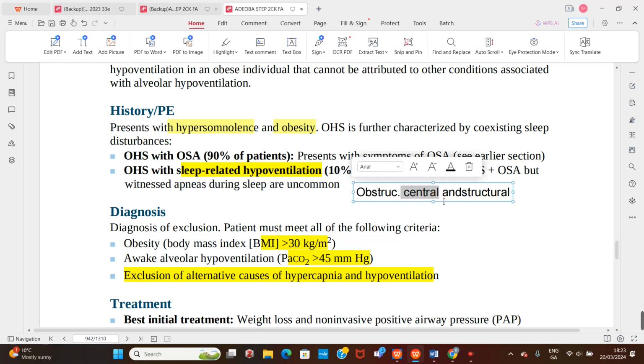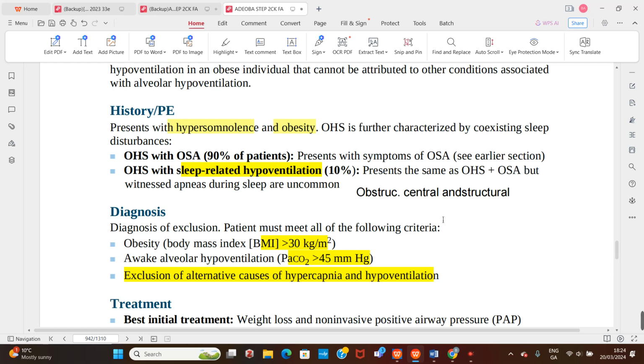I want to remind us that during REM sleep, the wakeful respiratory drive drops. So now imagine somebody who's already having a problem ventilating due to the fact that there's fat in the chest wall. The person is now sleeping again. There's a further drop in the wakeful respiratory drive.